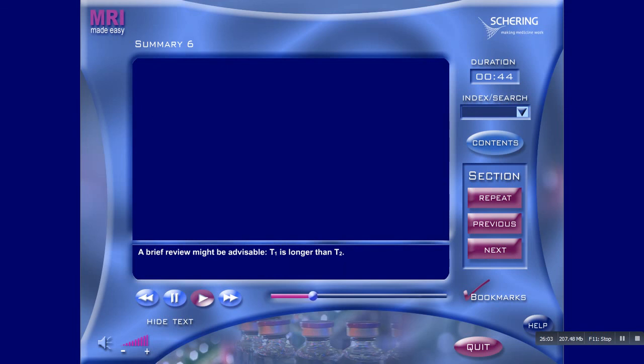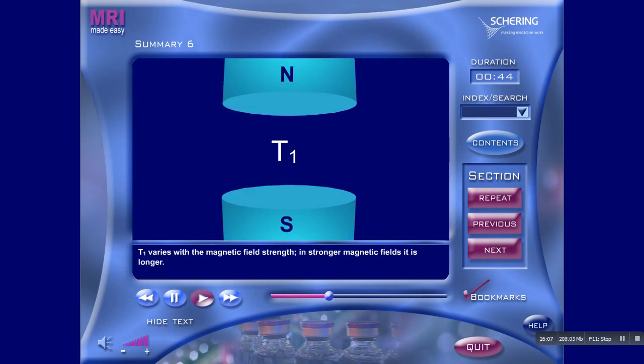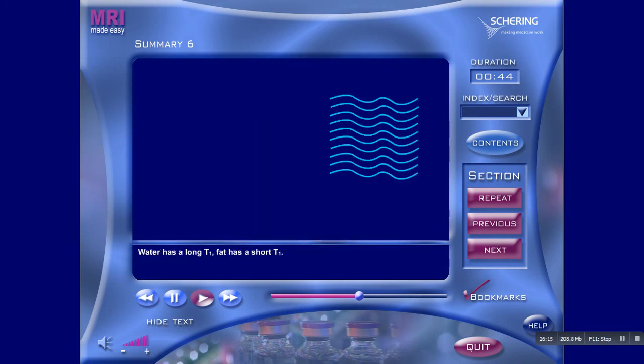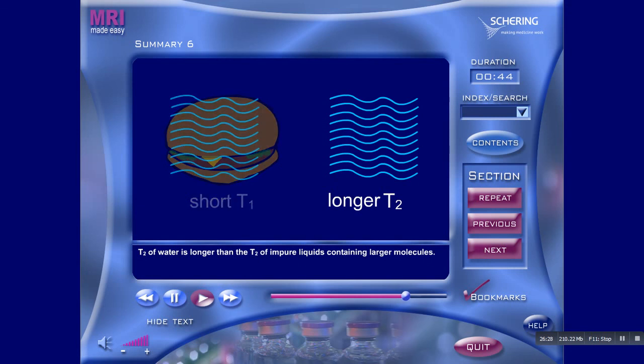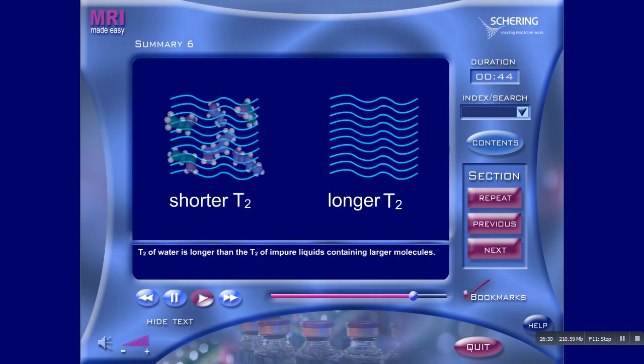T1 varies with the magnetic field strength. In stronger magnetic fields, it is longer. Water has a long T1. Fat has a short T1. T2 of water is longer than the T2 of impure liquids containing larger molecules.